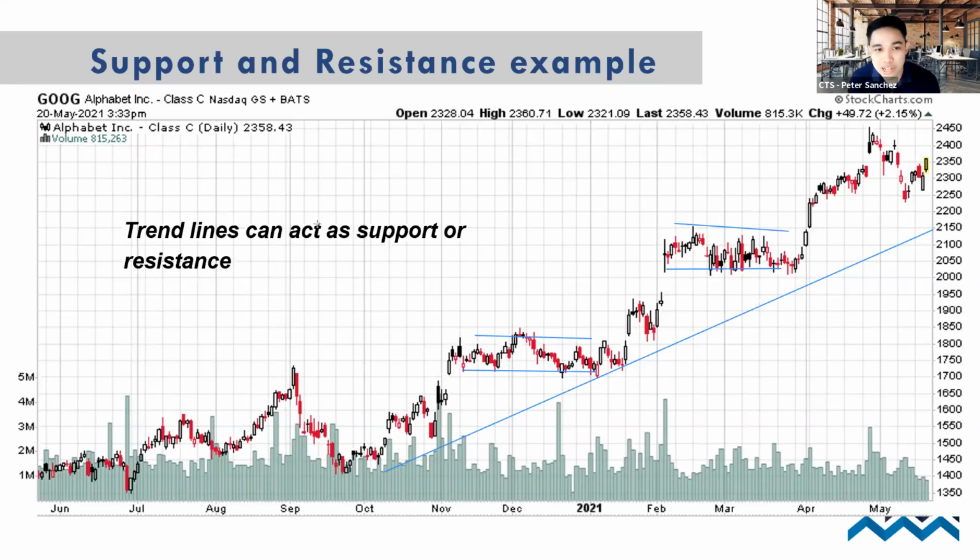Okay? So lumalabas, itong trend line natin, itong lows natin na kinoconnect via trend lines, are support. So as traders, since ito yung nagiging support area ng stock natin, we can expect na every time price goes back sa trend line natin, there are buyers that will come in. Okay?